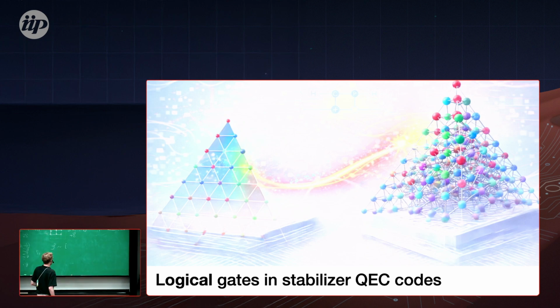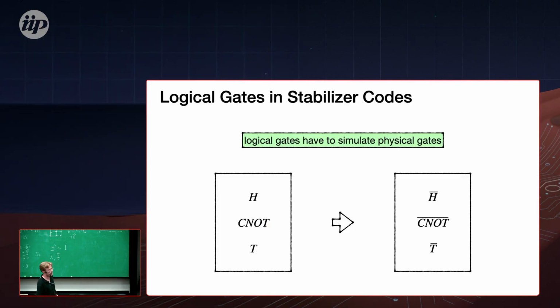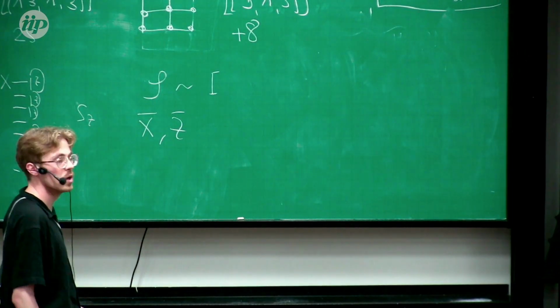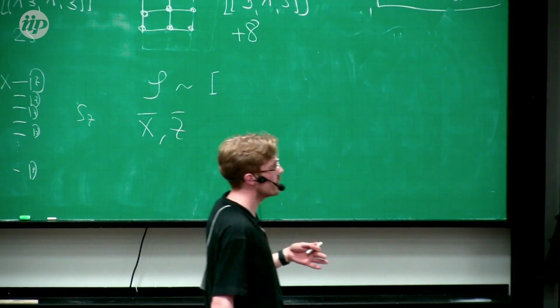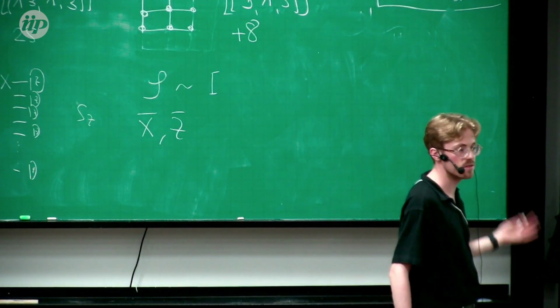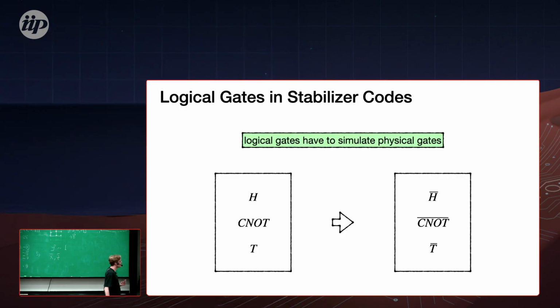We have seen the logical X and logical Z operators, which implement the Pauli group. And now we also want to perform universal quantum computation. And for that, we need Clifford gates like Hadamard and CNOT, and a non-Clifford gate like the T gate. So we also want these physical gates to be simulated on the logical level.